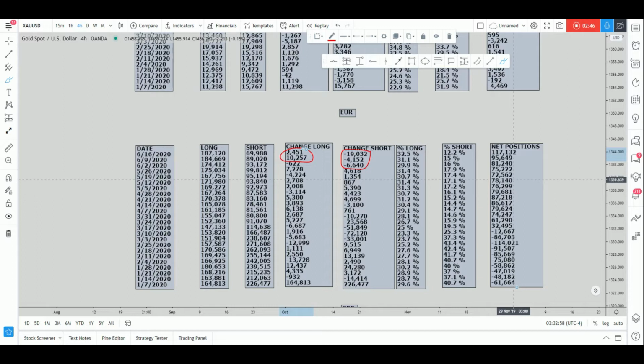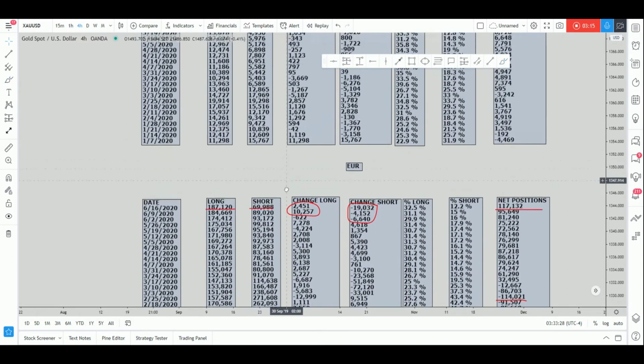In fact, net positions have greatly increased from minus 114K to plus 117K. So from having way more shorts than longs on the euro from an institutional perspective to having way more longs than shorts, with 187K longs at the moment and 69K shorts. So a clear shift to the bullish side on the euro.